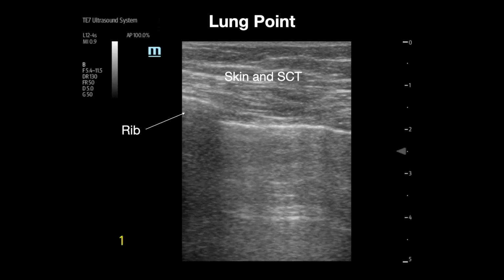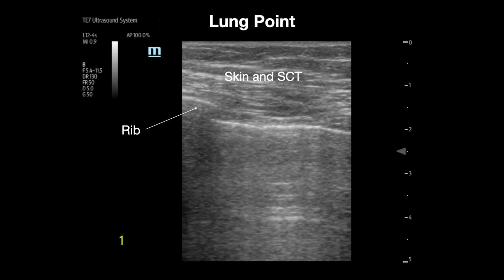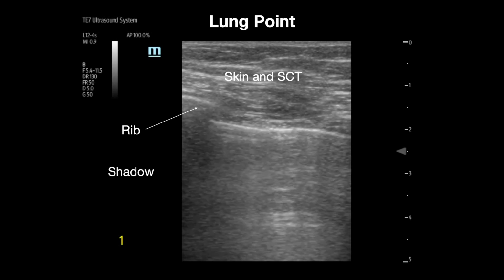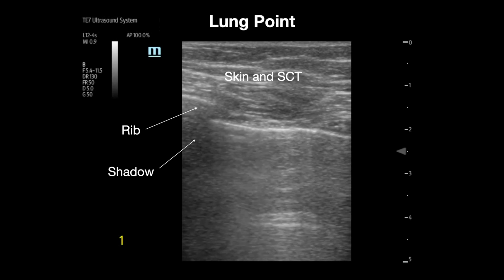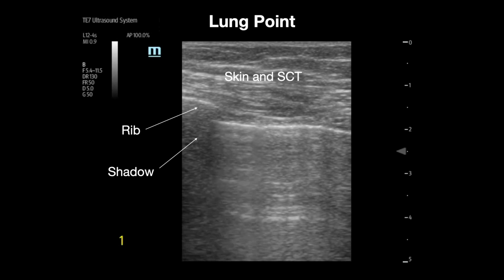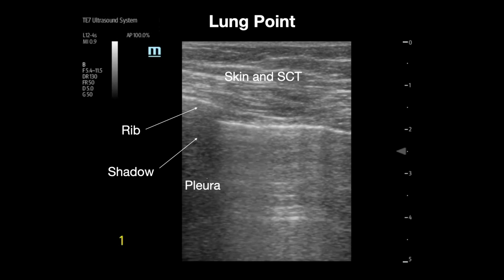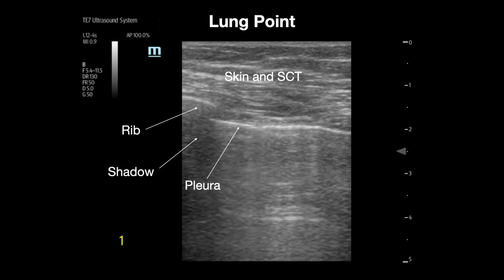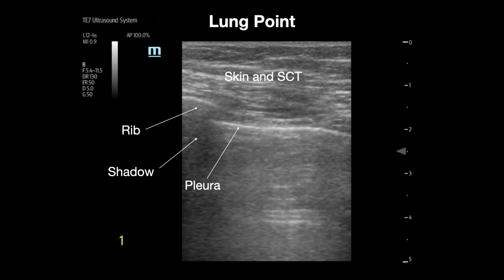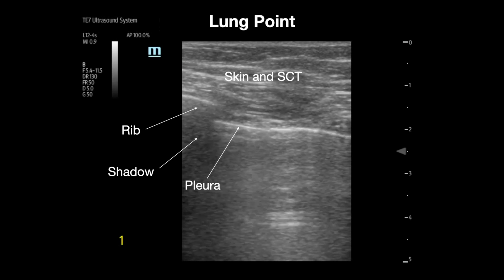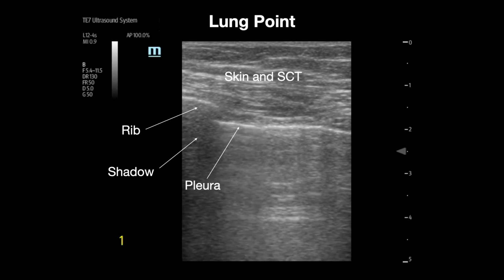Then, for reference, we have a rib. Then we have the shadow of the rib. And we have a portion of the pleura going back and forth in our screen.